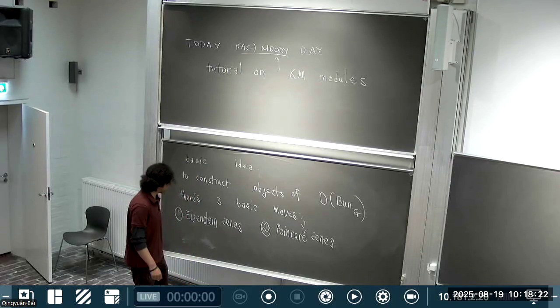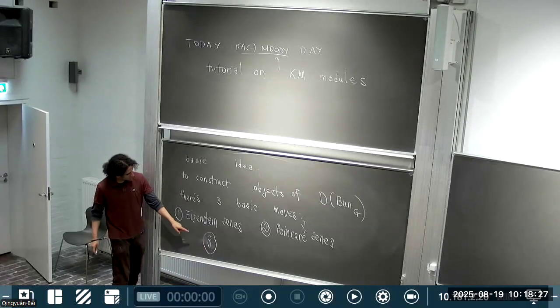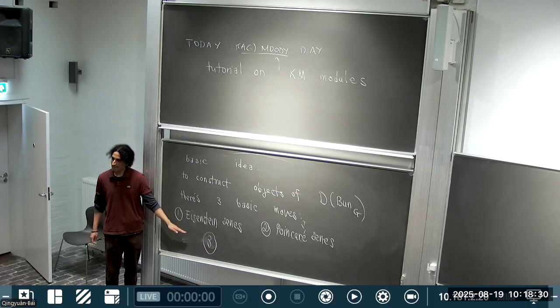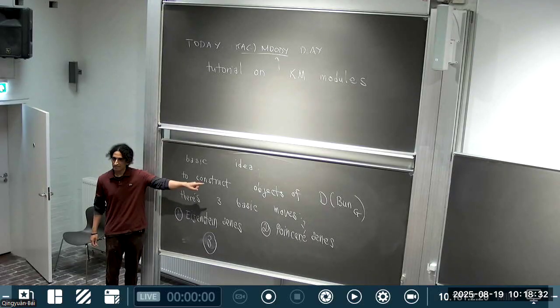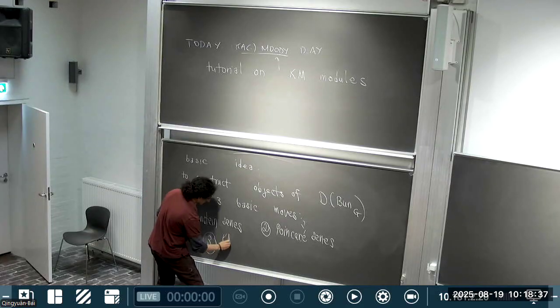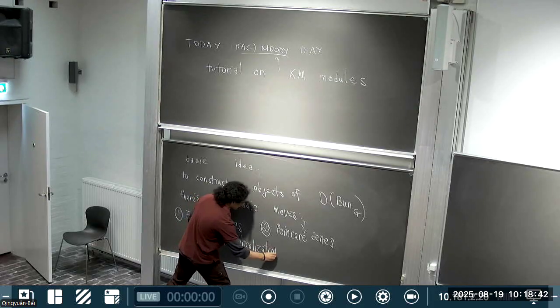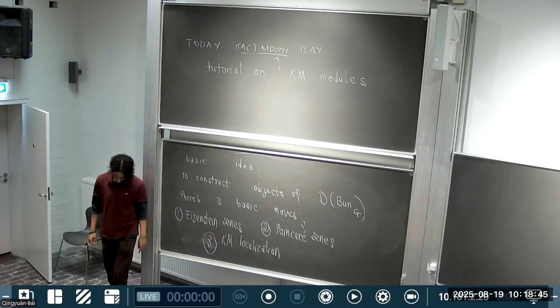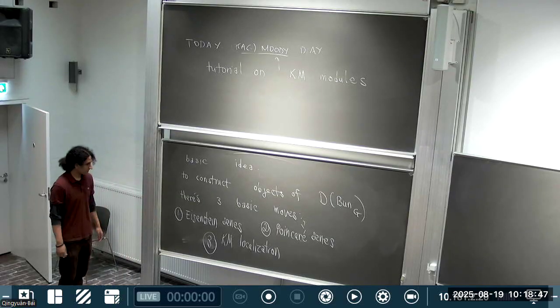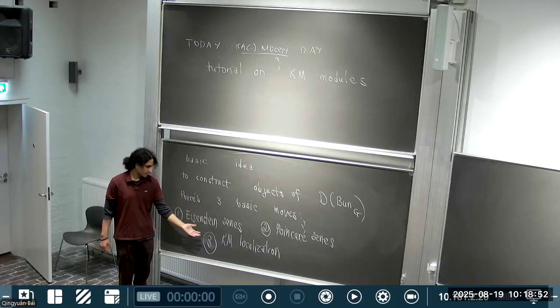And the idea is that there's going to be some third way to produce D-modules on Bun_G, which is to think of Kac-Moody localization. To a first approximation, this is a tool you have in the geometric case that you don't have in the classical problem.